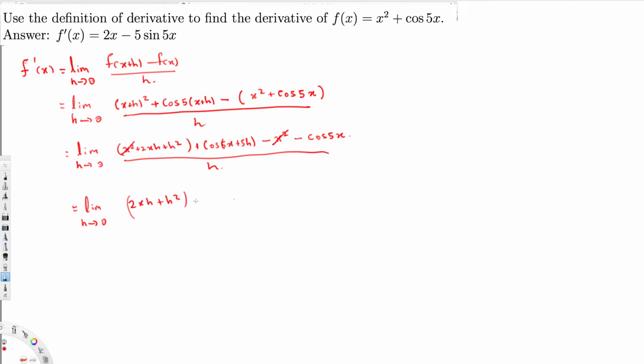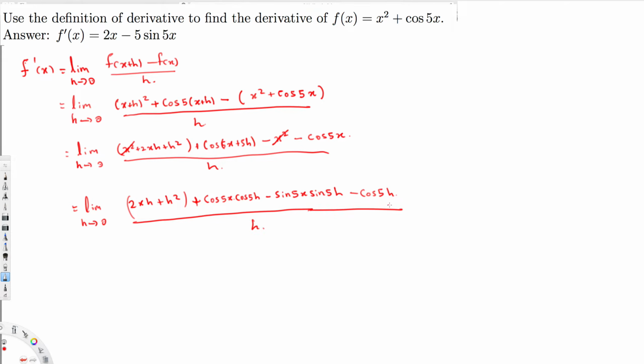Let's keep the bracket plus, if I expand cos 5x plus 5h, it's going to be cos 5x cos 5h minus sine 5x sine 5h, minus cos 5x over h.